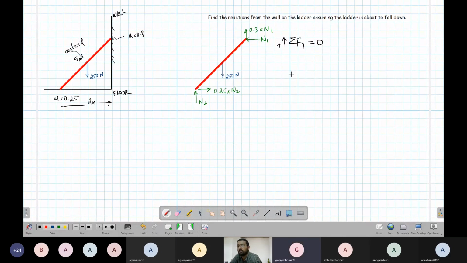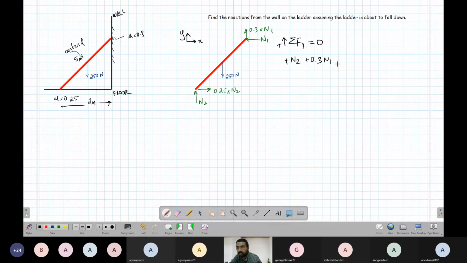This is N1. On my coordinate, this is x, this is y. Tell me. Okay, N2. N2 is positive. Then plus 0.3 into N1, equal to 0.